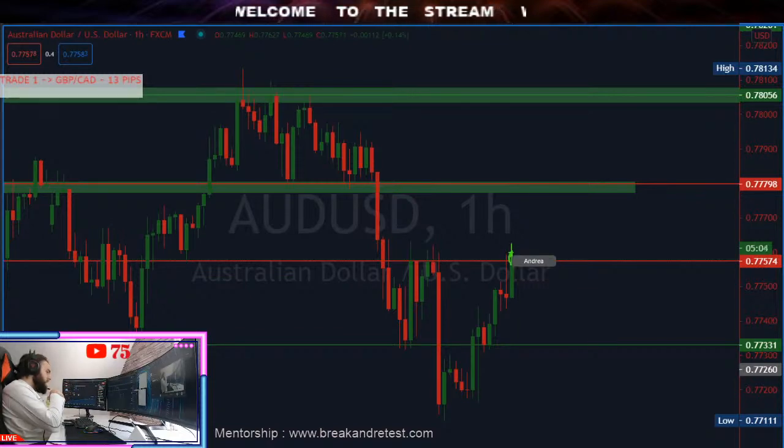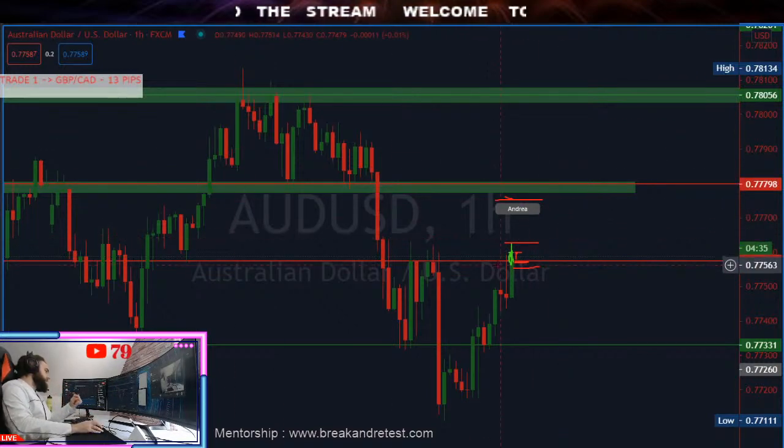Some people do not enter like we do. They wait for the candle to open here, go here, and they enter once the candle breaks this high, with the stop loss on the one that broke the high, and they take profit wherever it is up here.